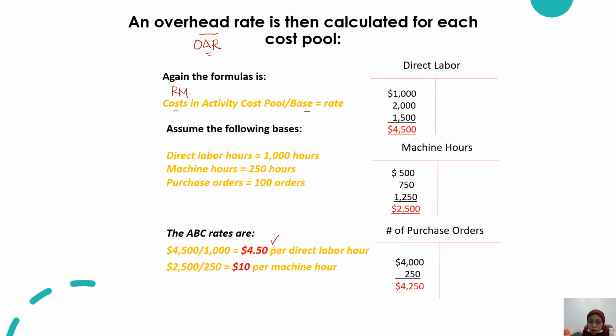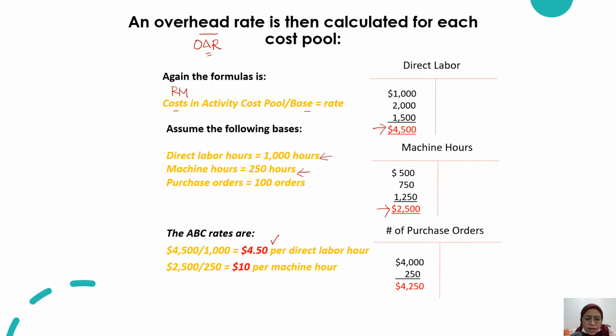This is cost divided by total labor hours. Second, machine hour. $2,500 divided by 250 hours. You get $10 per machine hour.